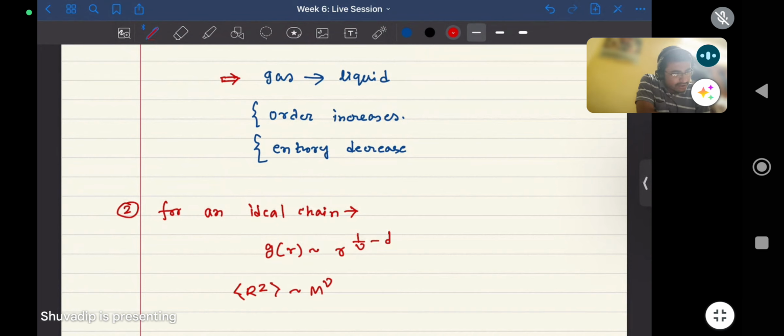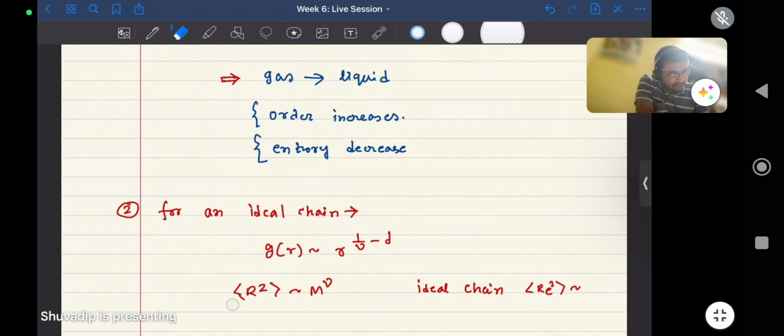So for an ideal chain, R square average, R_E square to be precise, this goes like, so if you define this as Rg, Rg is m to the power nu.